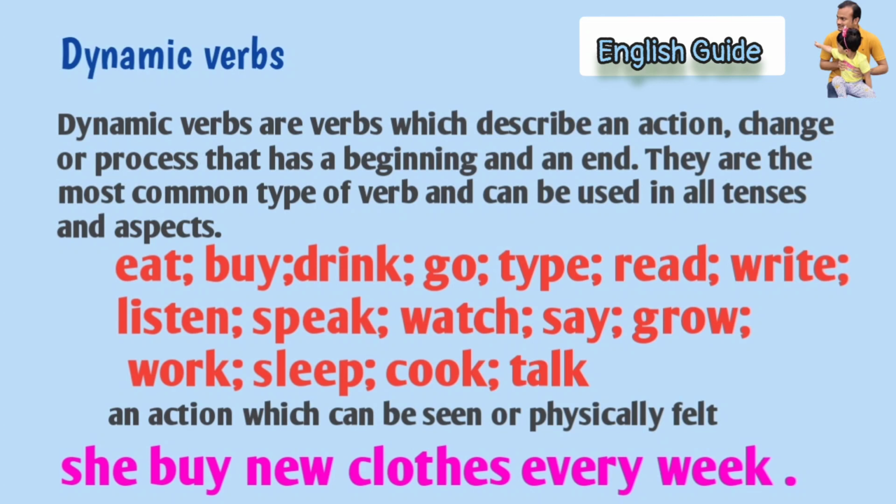So all these verbs we can consider as dynamic verbs. So again repeating, dynamic verbs have a definite beginning and ending, and we can physically see it and feel it.